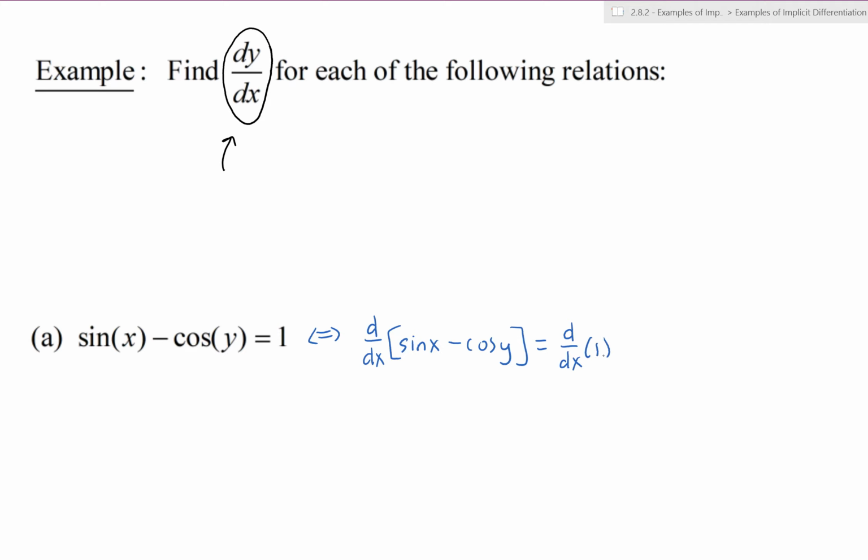The derivative with respect to x of sine of x is just cosine of x, minus the derivative with respect to x of cosine of y, and the derivative of 1 is just 0.